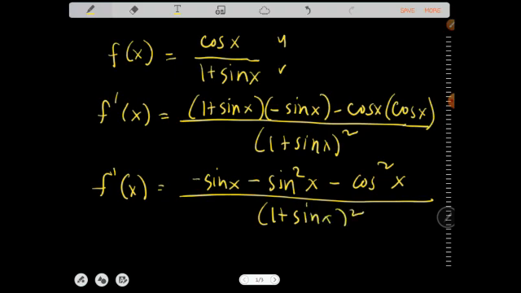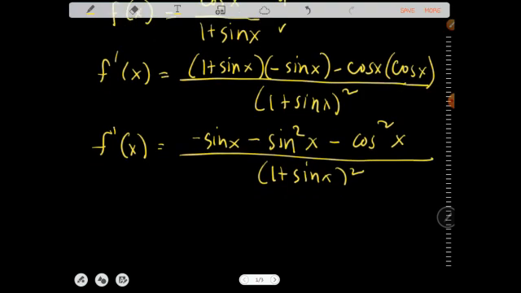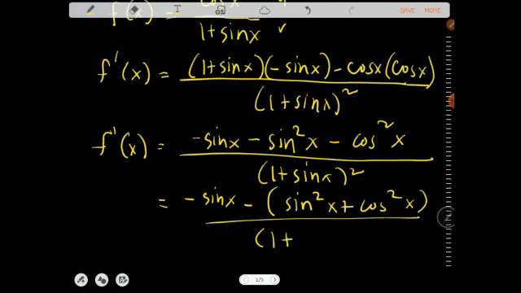So, in this case, we can again use sine squared plus cosine squared is equals to 1. Okay? Because when we simplify, we can factor out the negative sign and we will have a positive sign in between sine squared and cosine squared. So this would equal negative sine x minus quantity sine squared x plus cosine squared x over 1 plus sine of x raised to 2.